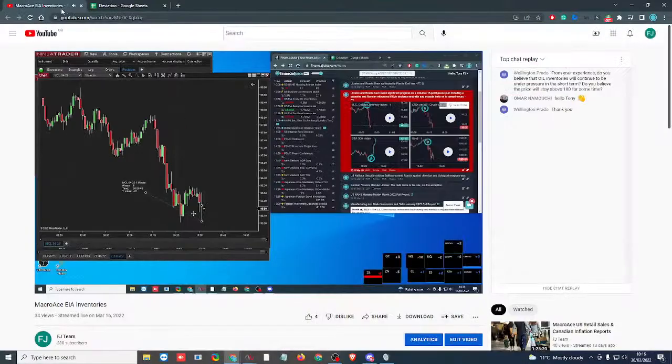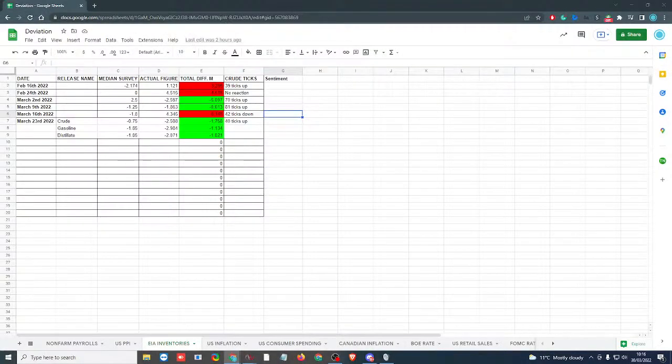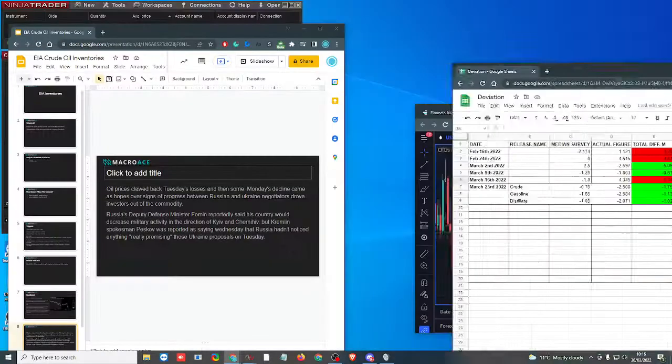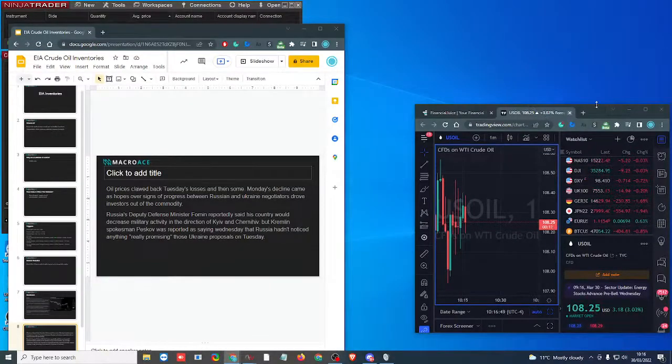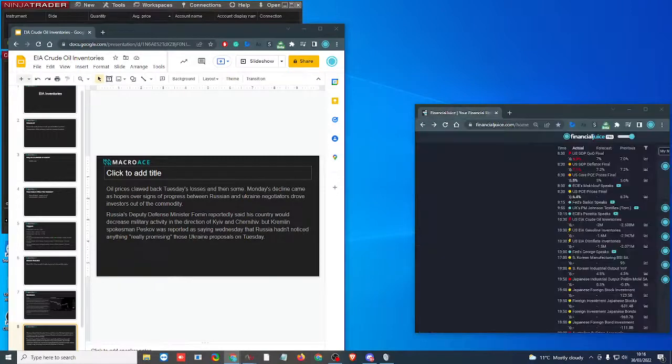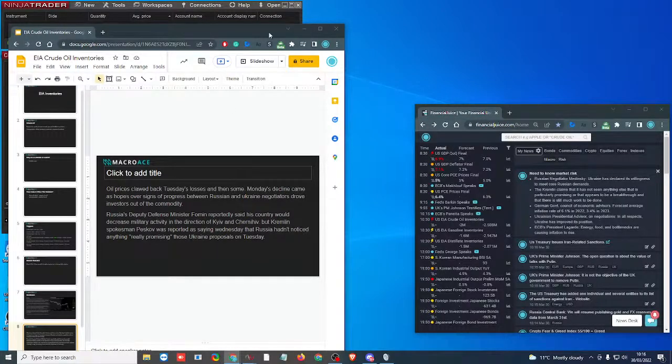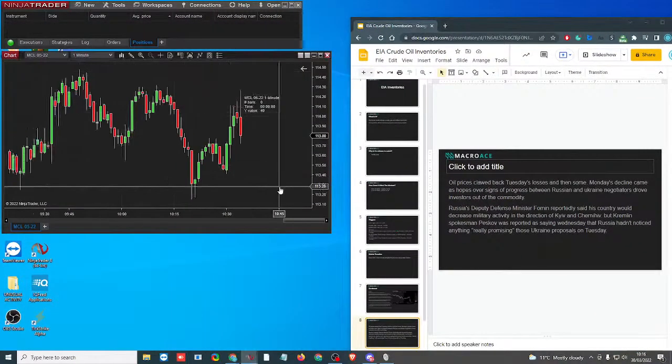So moving away from the video and going back to what we're expecting today. From last week's data, as I'd shown you on the replay, here we had seen about a 40 tick move towards the upside.